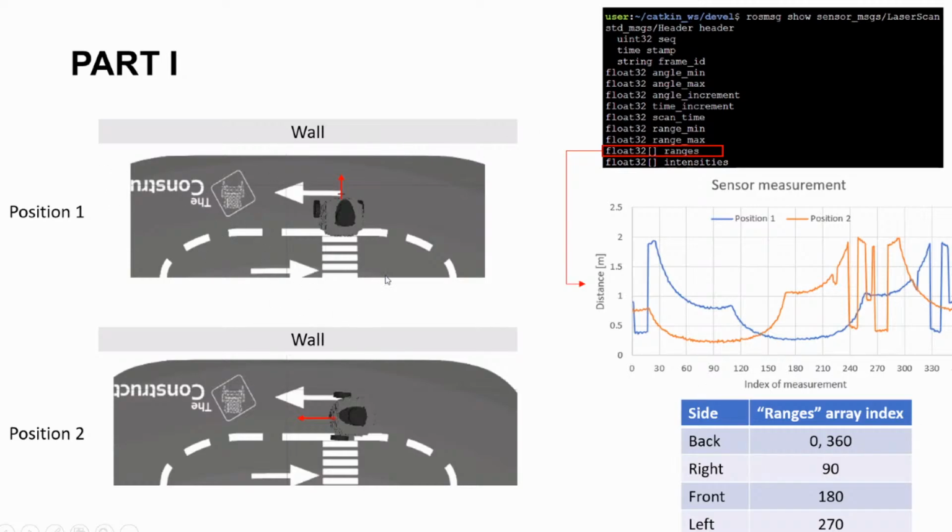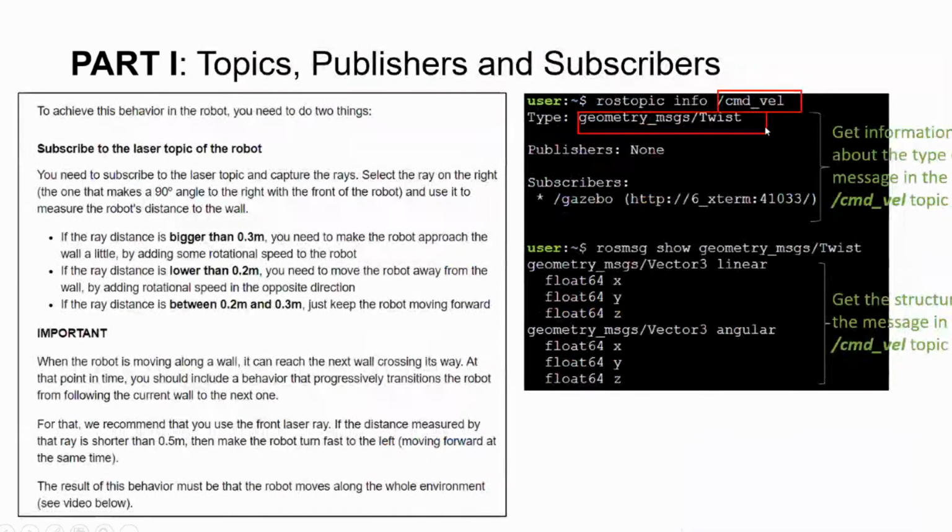Another thing that we'll be using is the cmd_vel topic, which is of type geometry_msgs/Twist, and contains a linear variable with 3 components, x, y, and z, and the same for the angular velocity.